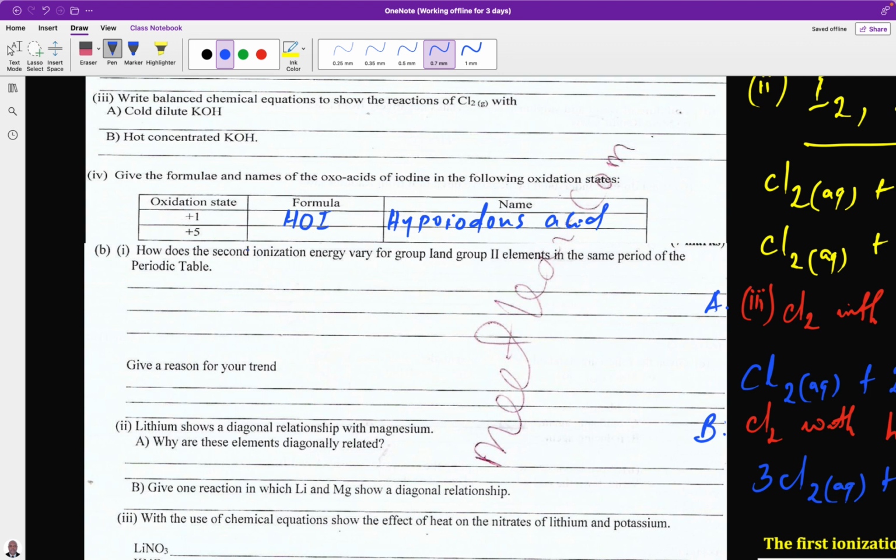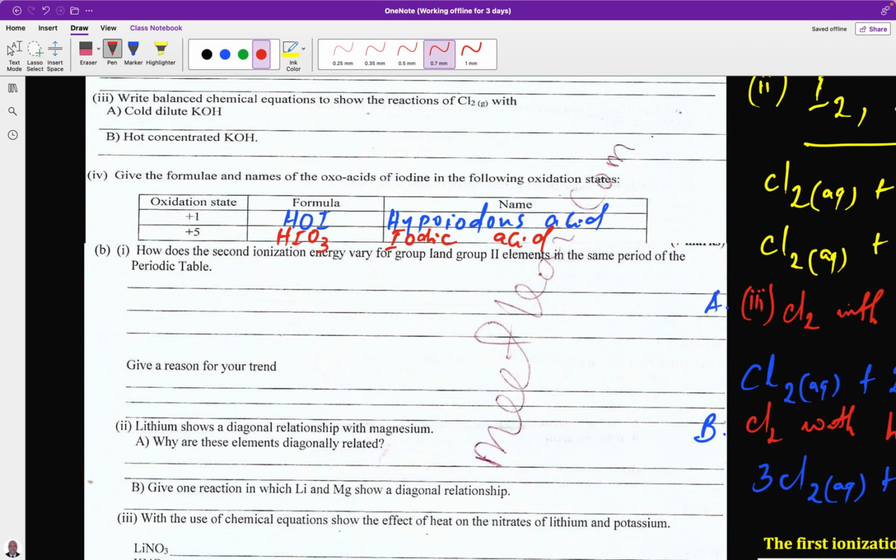Then, with +5, the formula will be HIO3, and the name will be iodic acid.